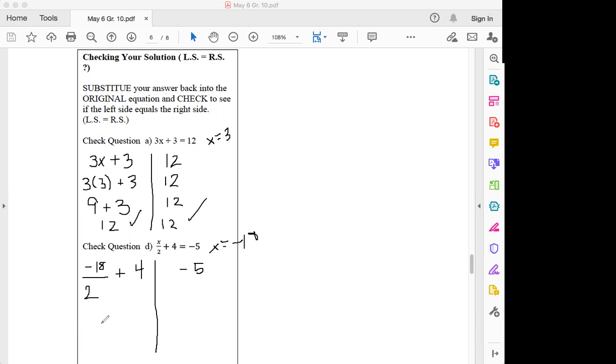Negative 18 divided by 2 is negative 9. And negative 9 plus 4 gives us negative 5. So we got the answer right.